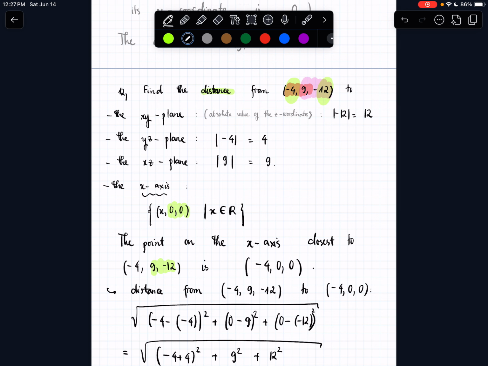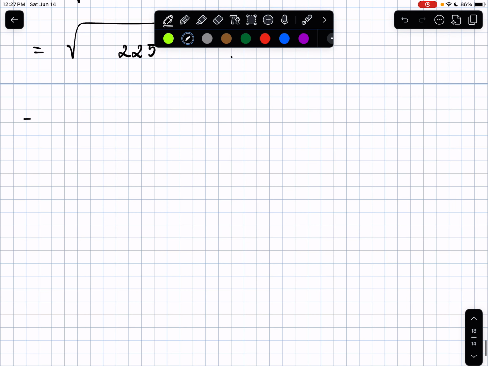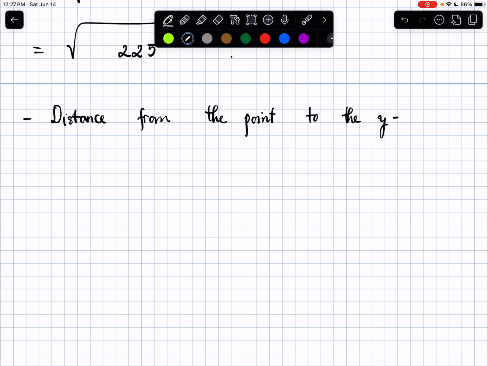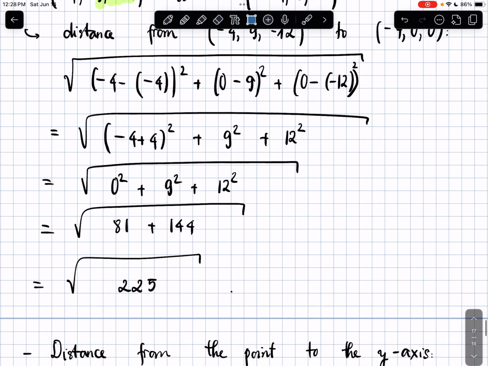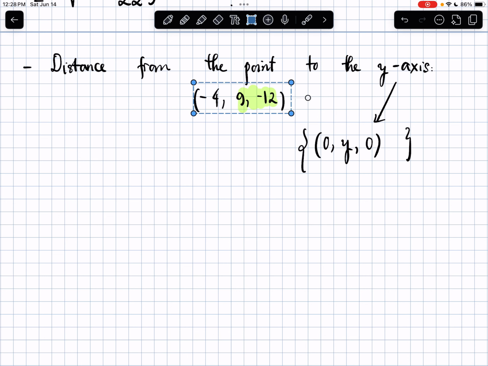We can do the same thing for the distance from the point to the y-axis. Similarly, the y-axis is the set of points (0, y, 0), and the point we are given is this point.